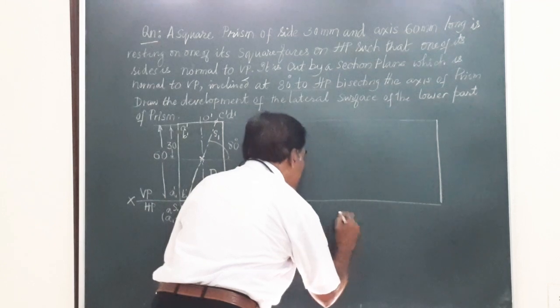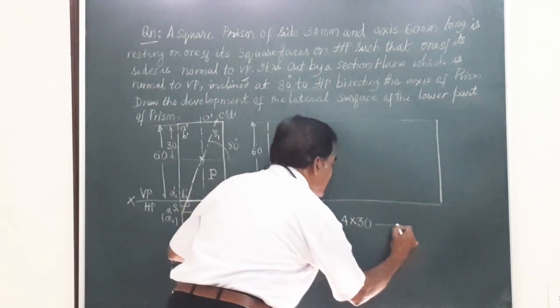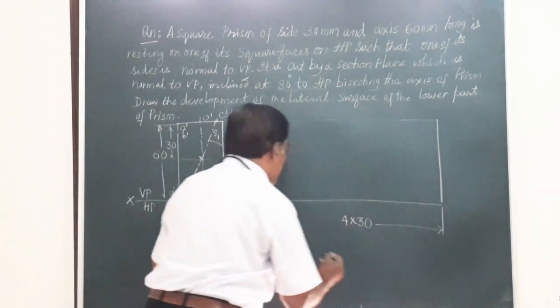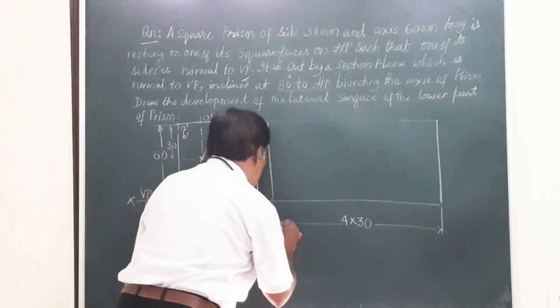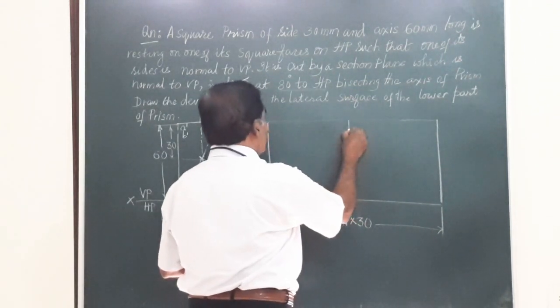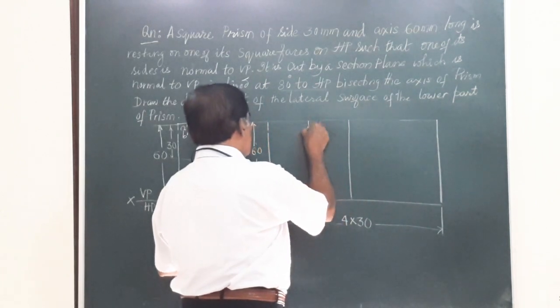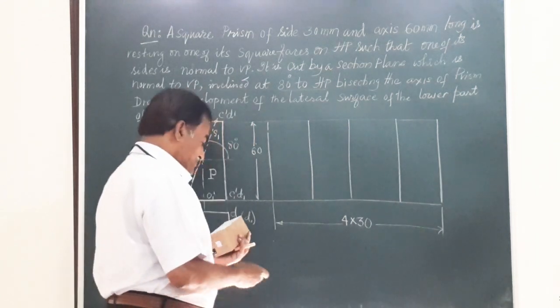I'll just mark it here, 4 times 30, where 4 is the number of sides of the solid and 30 millimeter is the side of each rectangular face. So I divide this into 4 equal parts: 1, 2, 3, 4. So 4 parts I have divided.